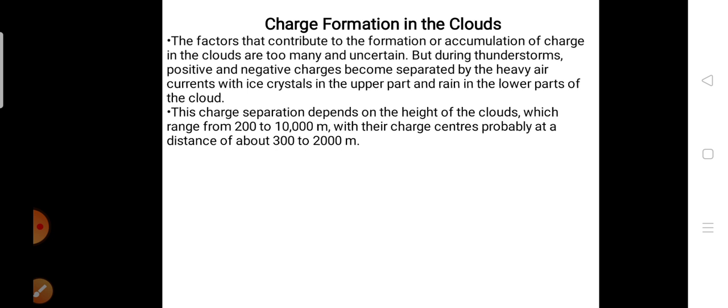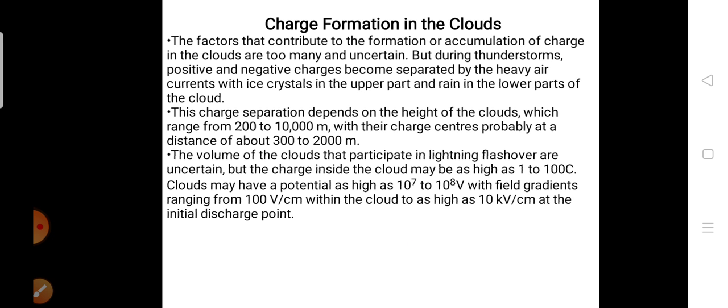The volume of clouds that participate in lightning flashovers is uncertain, but the charge inside the cloud may be as high as 1 to 100 coulombs.